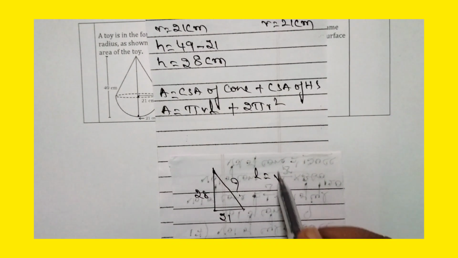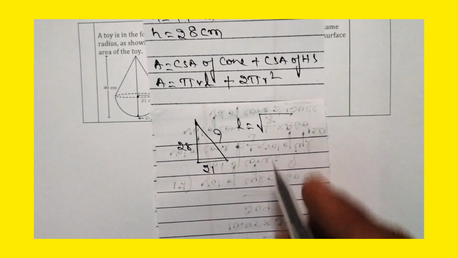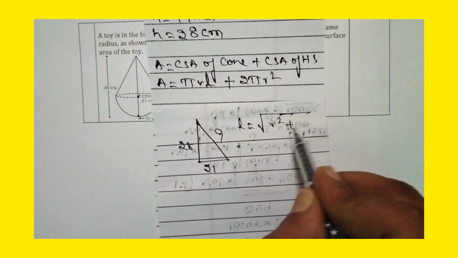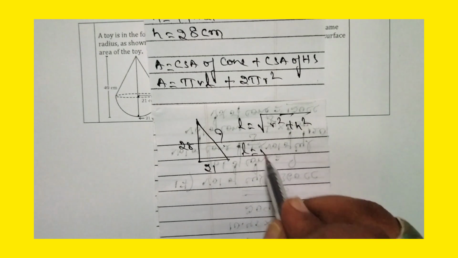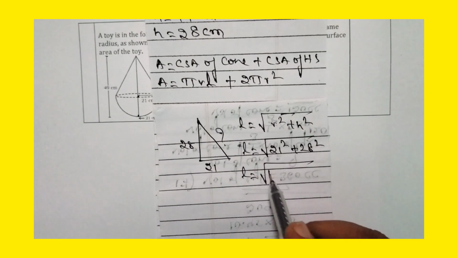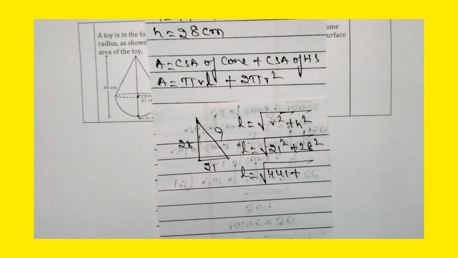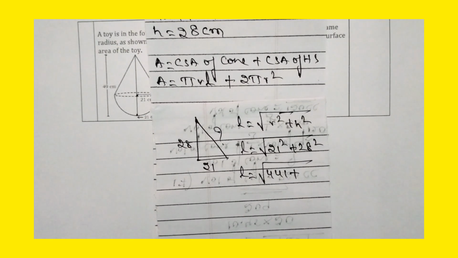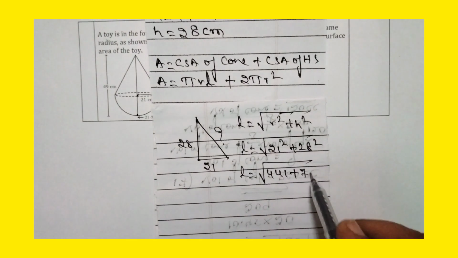Radius is 21, the height is 28, slant height is equal to question mark. L is equal to the square root of r square plus h square. L is equal to the square root of 21 square plus 28 square. So L is equal to the square root of 441 plus, if you multiply 28 two times, we will get 784.